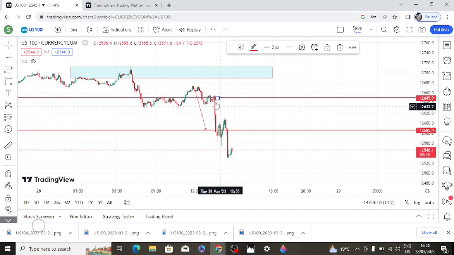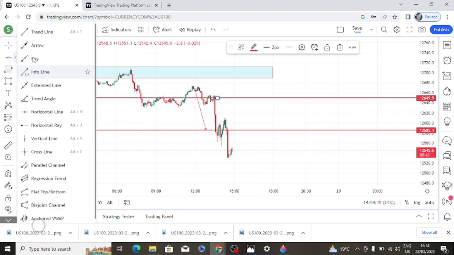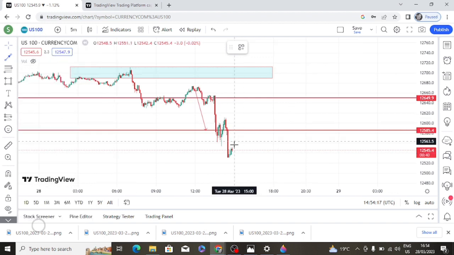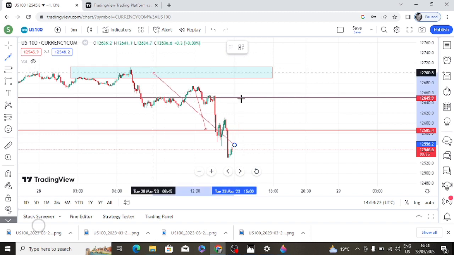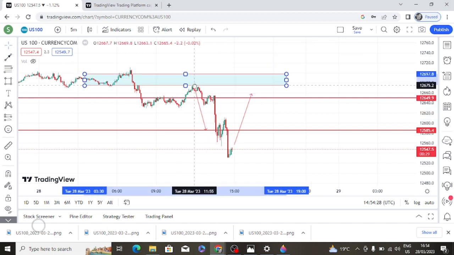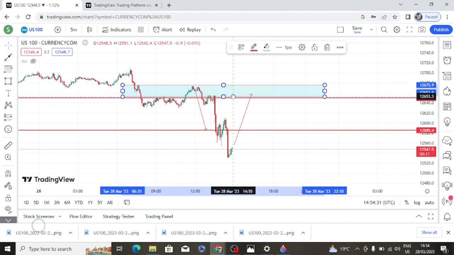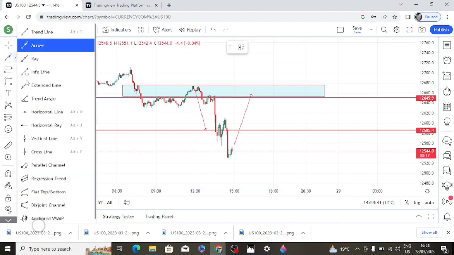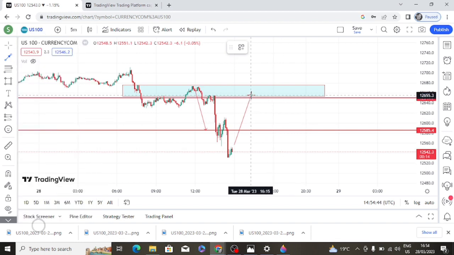So all we need to do is wait for the market to get back to this area, which will be our new Quasimodo. It's almost the same size actually. This would be our new Quasimodo, and once price comes back into it, we expect a sell. That's how Quasimodo works.